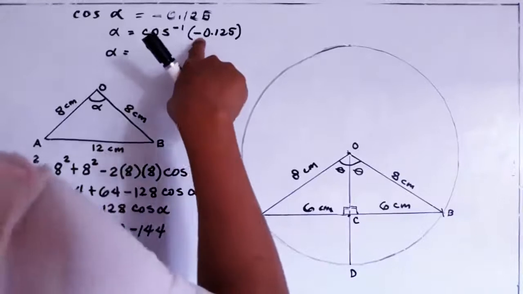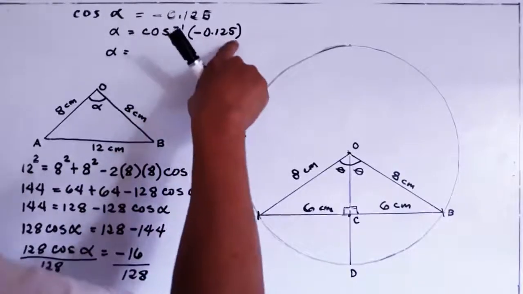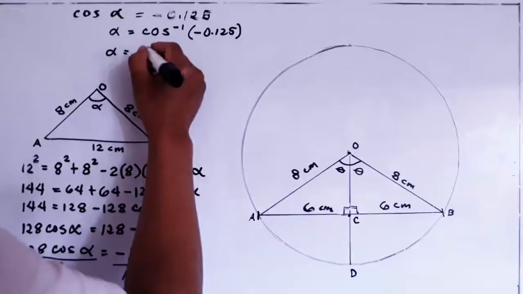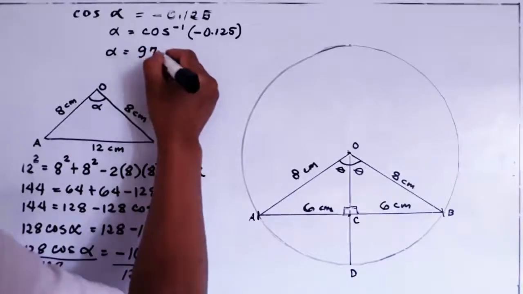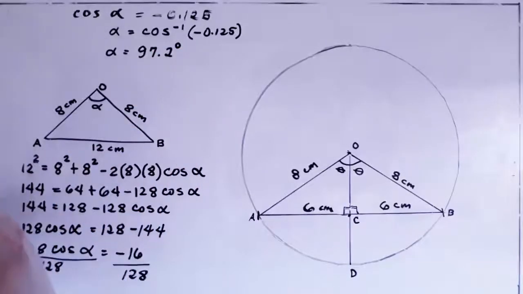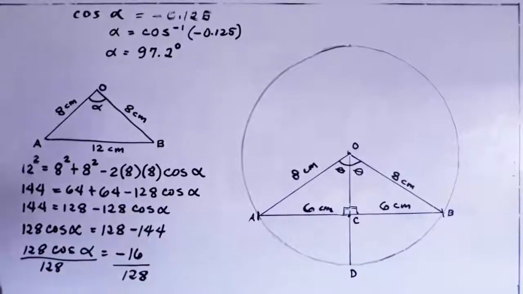You change the sign. And then 0.125, and press enter, and your central angle now is directly the same as our first solution, which is 97.2 degrees.